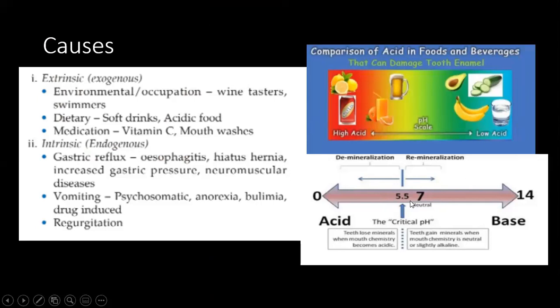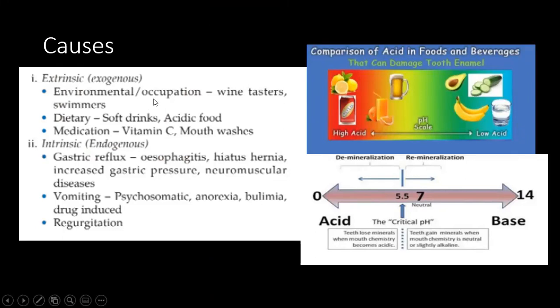If the pH drops below 5.5, then demineralization of the tooth takes place. If the oral cavity has a continuous pH of less than 5, then demineralization of the teeth is more than remineralization, resulting in loss of tooth structure.